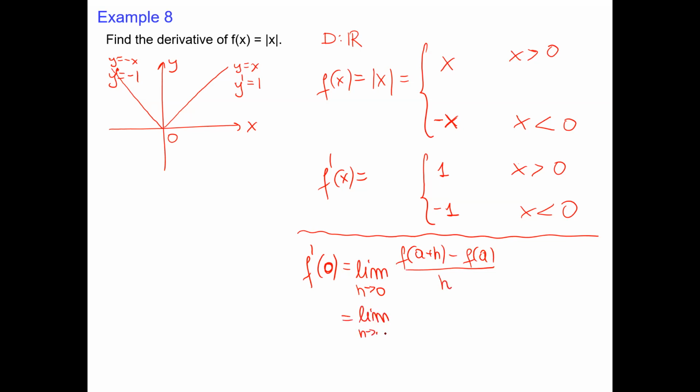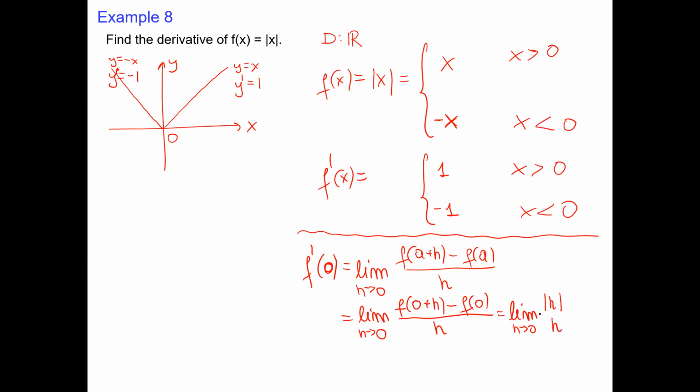Here a is 0, so it is the limit as h goes to 0 of the absolute value of 0 plus h, which is just the absolute value of h, minus the absolute value of 0, which is just 0, so we don't even have to write it down, all over h.